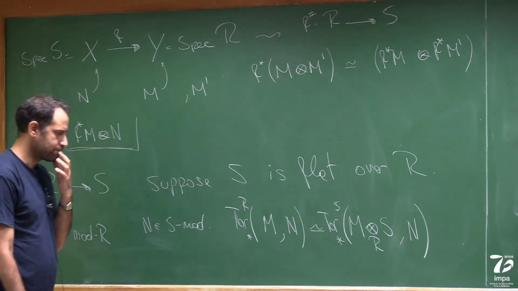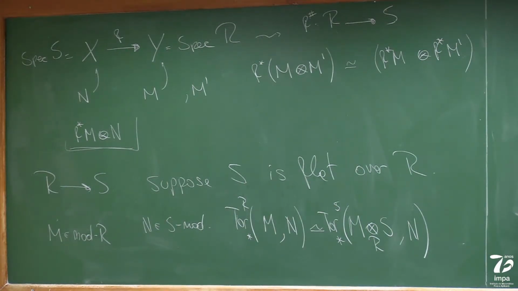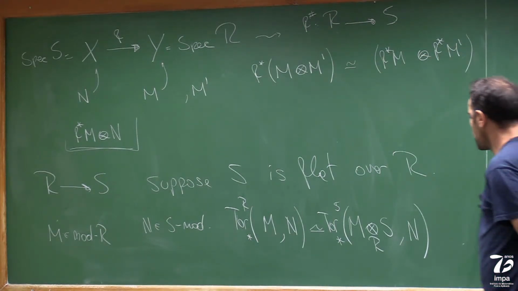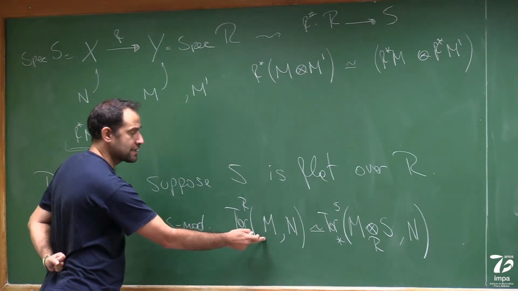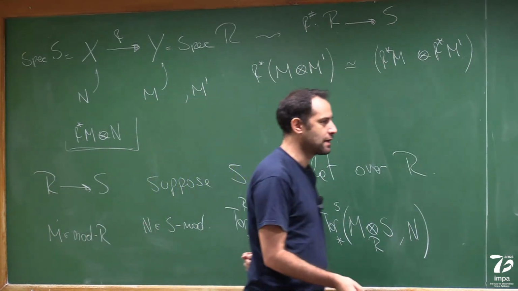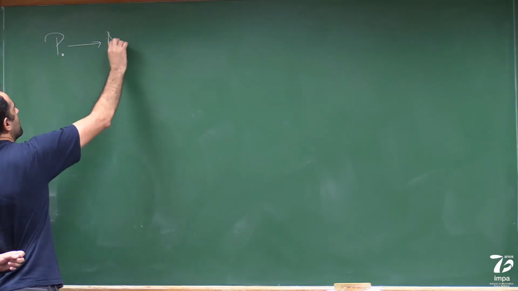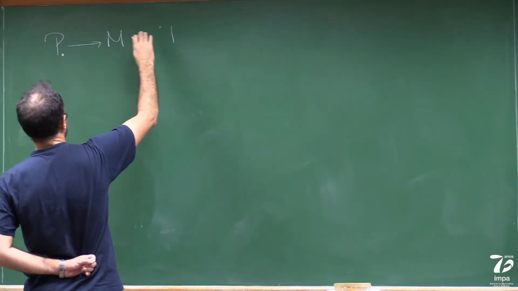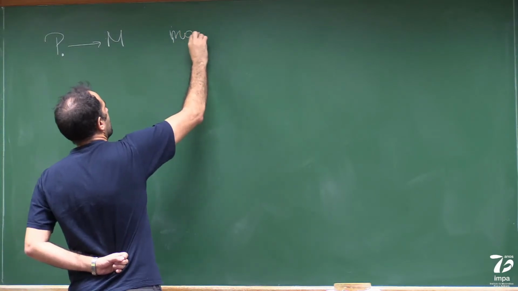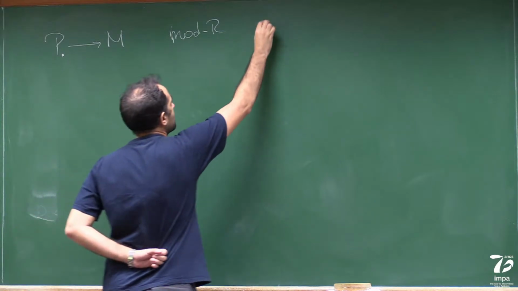Okay, so let's prove that. How do we prove this? To compute this Tor here, I'm going to use a projective resolution of M. This time I'll use a projective resolution of M. So we take a projective resolution of M in the category of R modules. So this is a projective resolution.